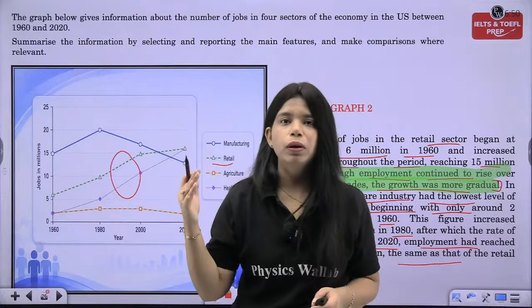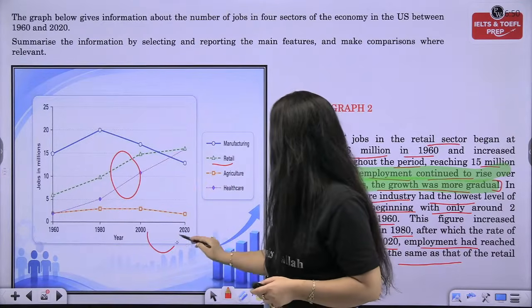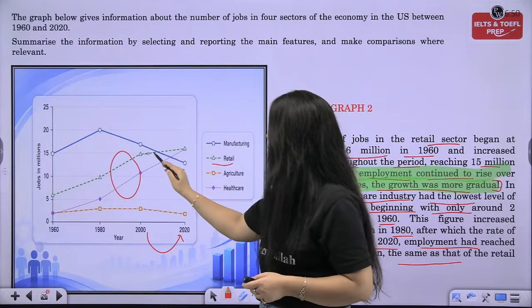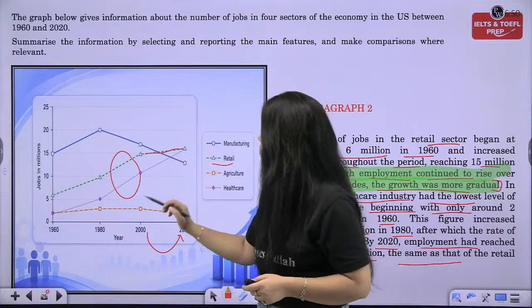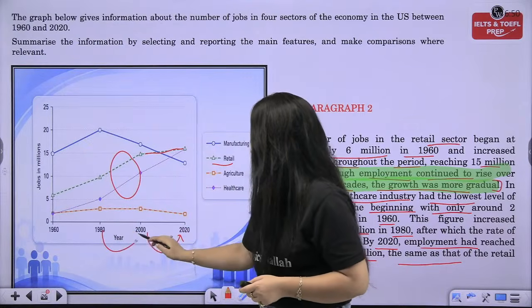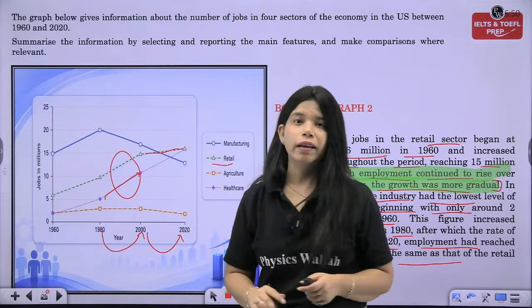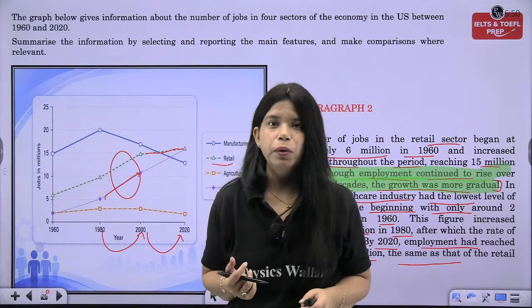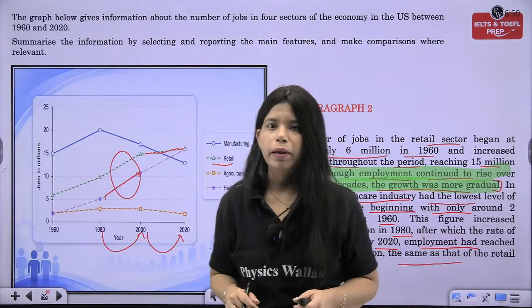That fine, they were growing, but at what rate they were growing. For example, here in the final 2 decades, this green line, its rate of growth became gradual, whereas the purple line in the decade from 1980 to 2000, its rate of growth accelerated. So it had an exponential growth. So that rate also I have mentioned in the second body paragraph.